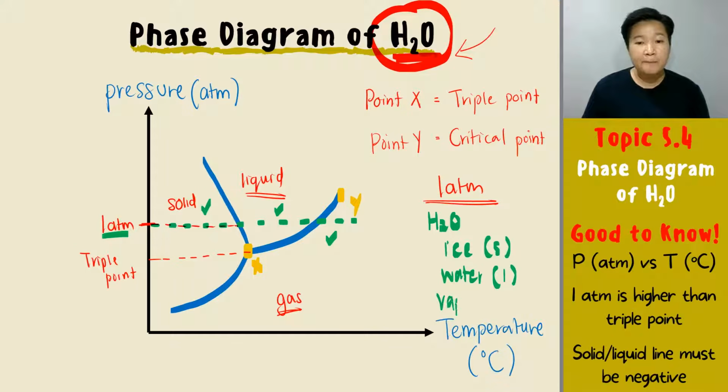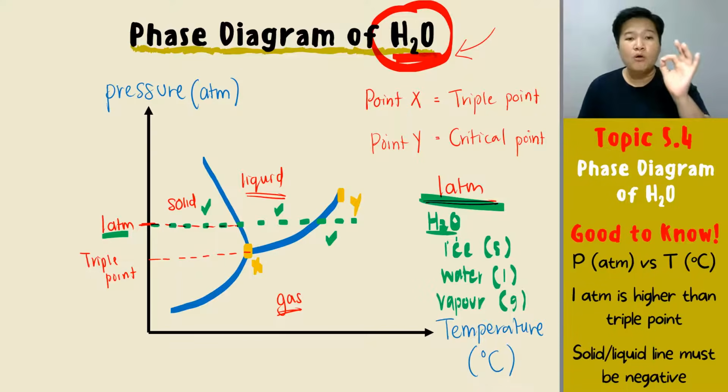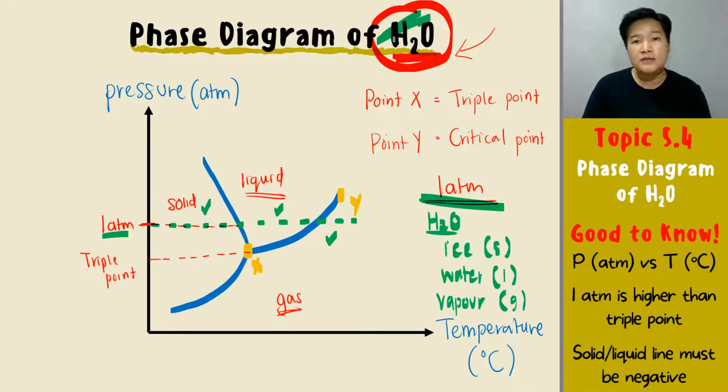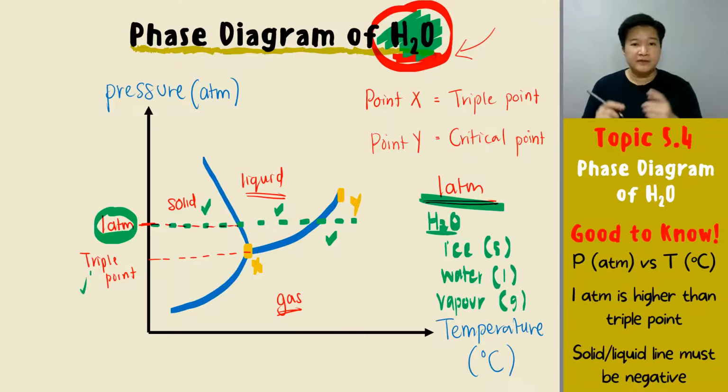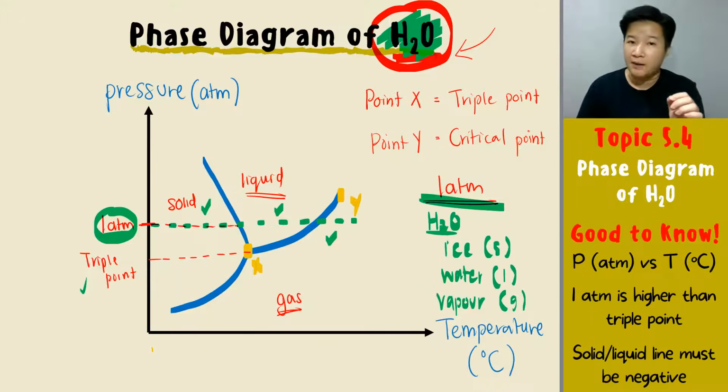You can have water vapor, which is your gas. So at 1 atm, your water can exist in all three phases. Agree? Since at 1 atm your water can exist in all three phases, that's why in your water phase diagram, your 1 atm must be higher than your triple point. Okay, makes sense? That is the first biggest difference between your water phase diagram and your carbon dioxide.